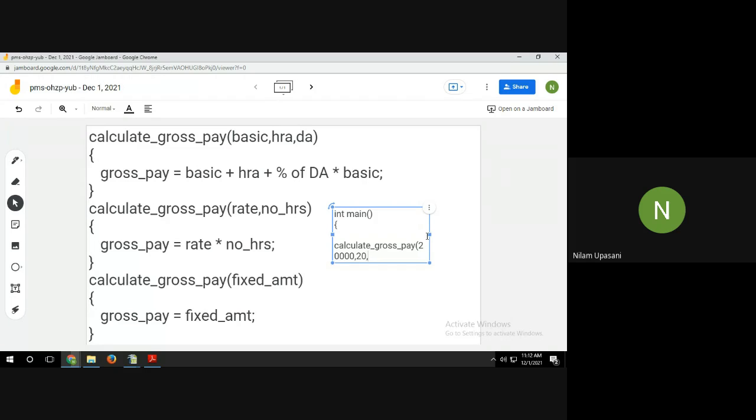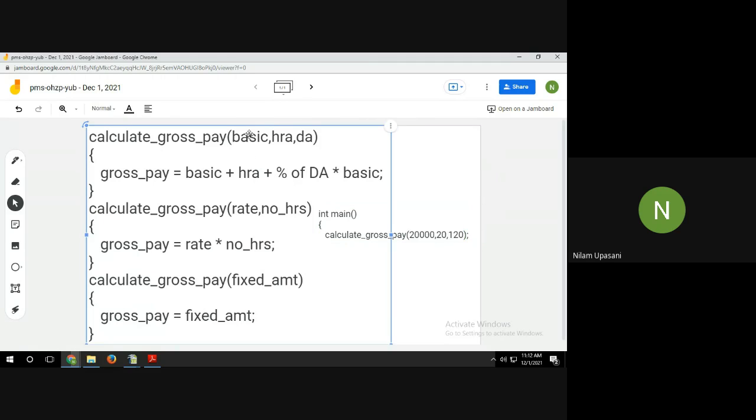I'm just taking this randomly. Just 3 input parameters are passed over here. So 3 input parameters, that means what? Now it is calling calculate gross pay, but I'm passing 3 input parameters, so the compiler will resolve this ambiguity and it will call which function?